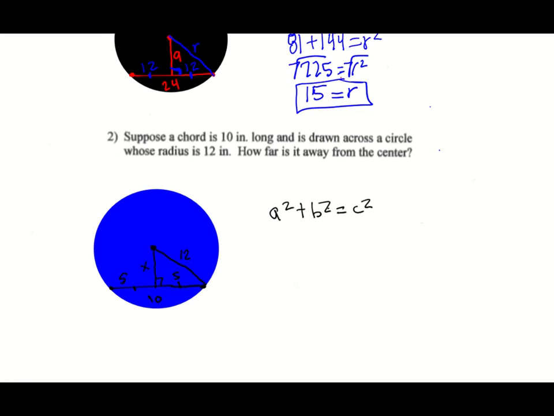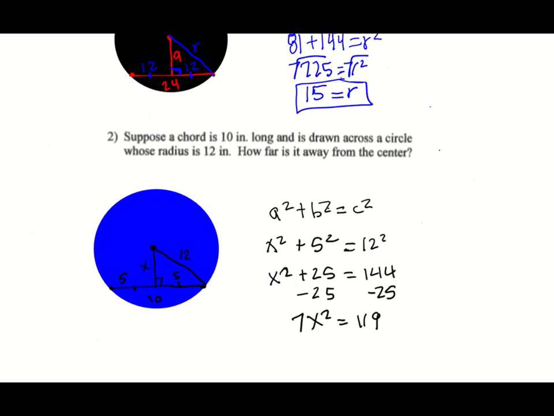In this case, my a is x, my b is 5, and my c is 12. 5 squared is 25. 12 squared is 144. Subtract 25 from both sides. x squared equals 119. To get x by itself, I take the square root of both sides. And that leaves me with x equals 10.9 inches.